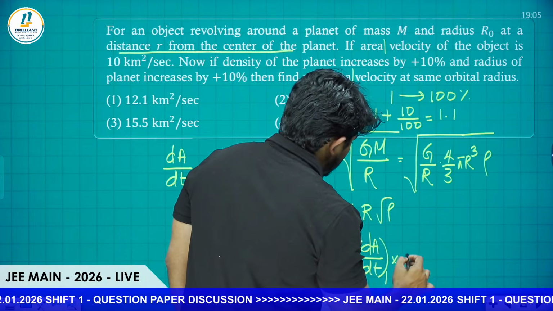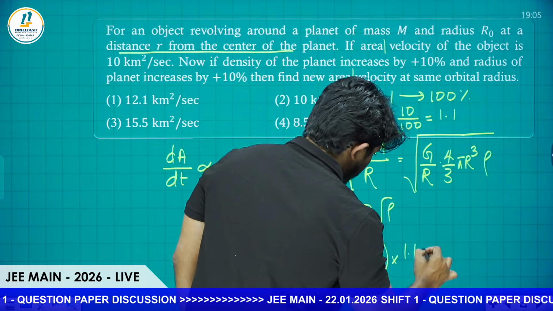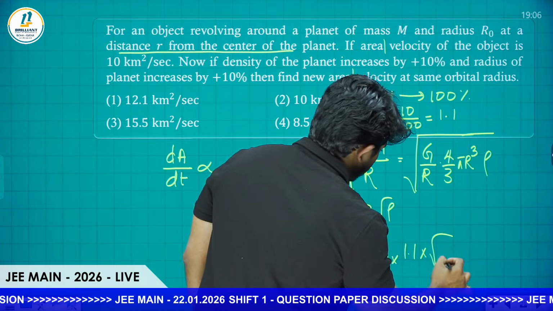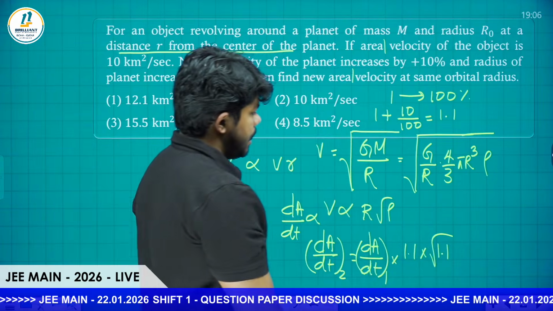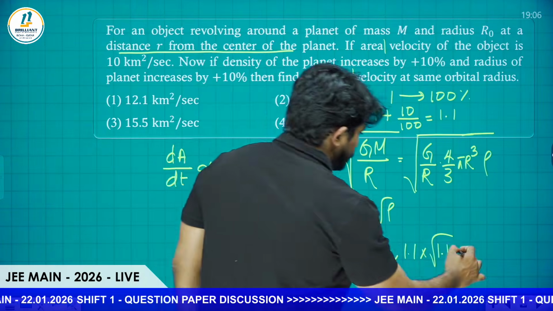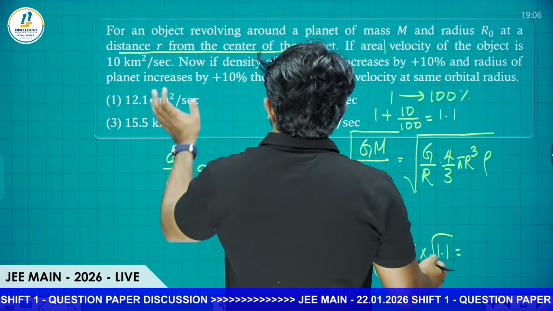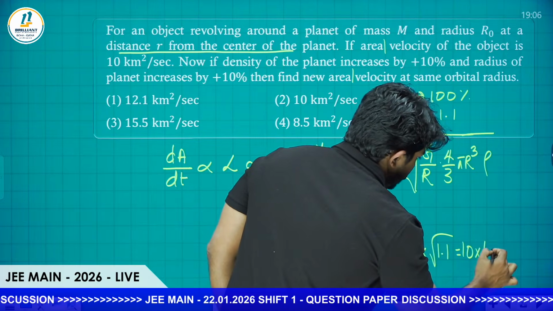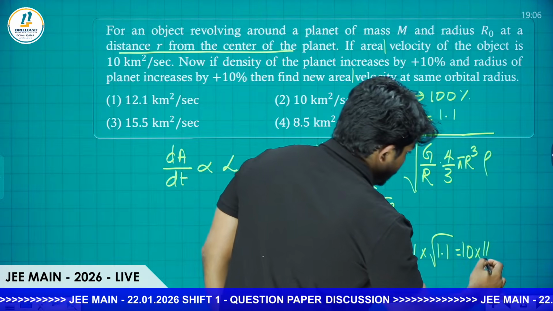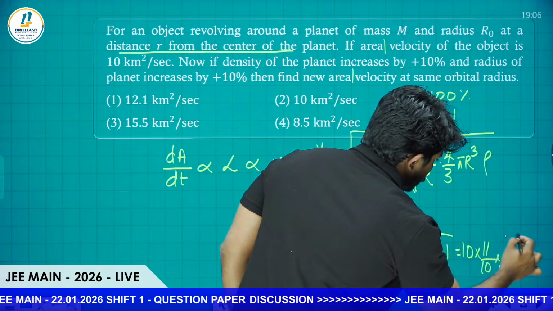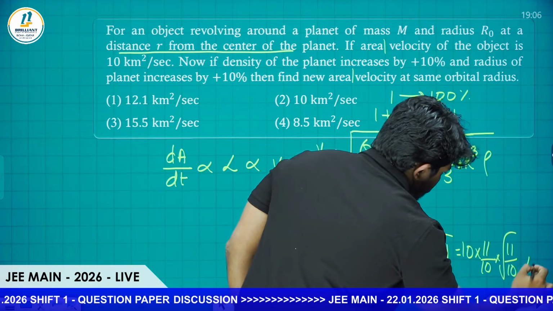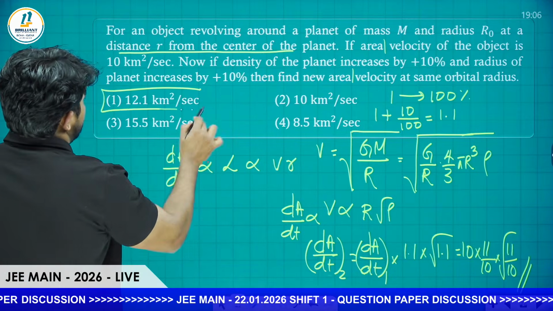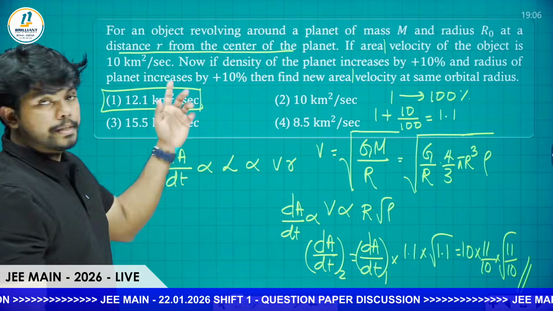What is the new radius? That will be 1.1, and the density part is also 1.1, right? So I can write this as 10 times 11 by 10 times the square root of 11 by 10. This value will come around 12.1 kilometers squared per second.